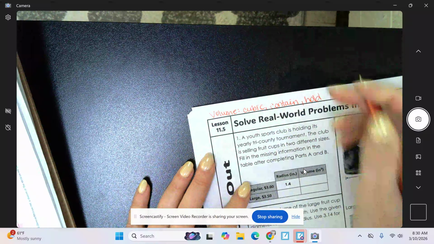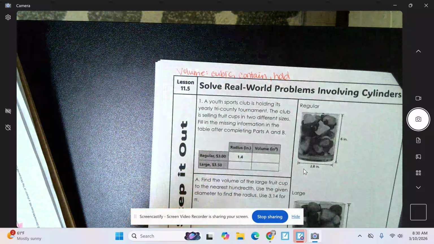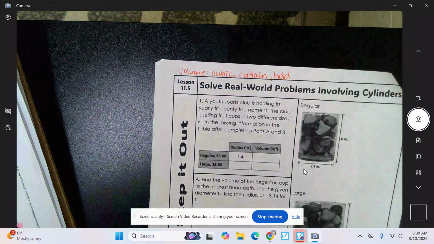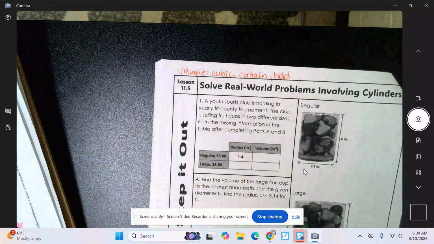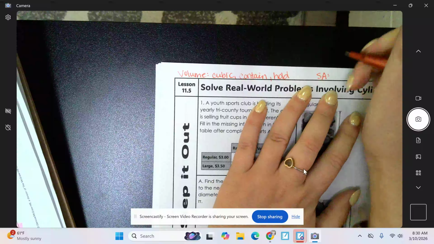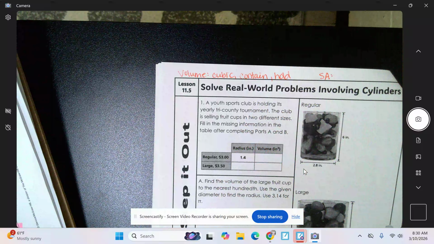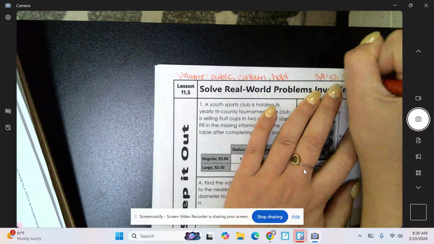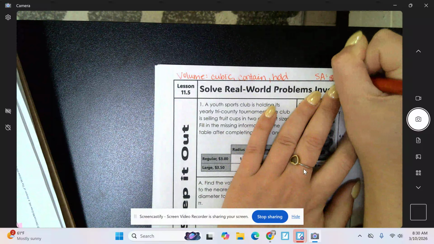It's on the inside, like space, right? And if we're talking about surface area, we're talking about wrapping the shape, right? We're talking about the sides.